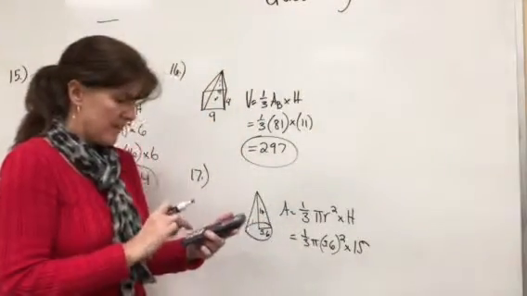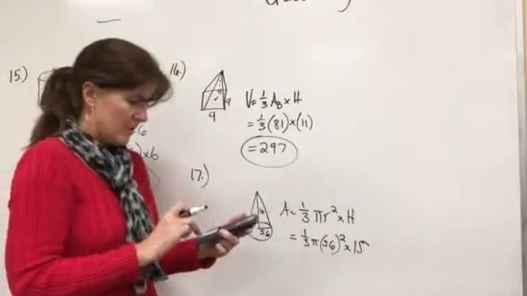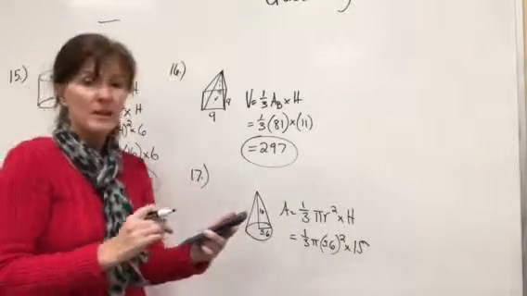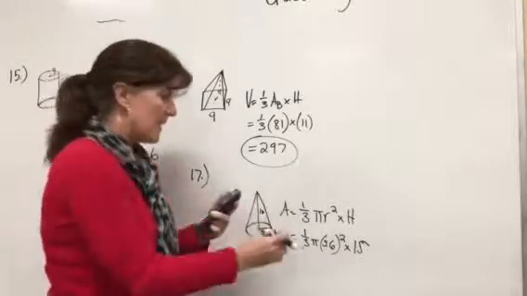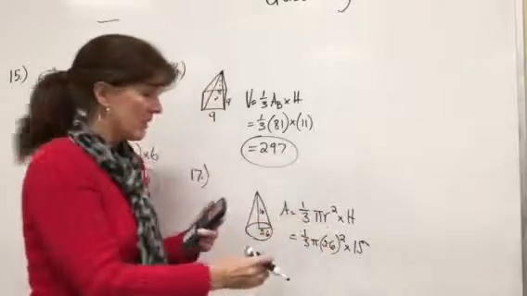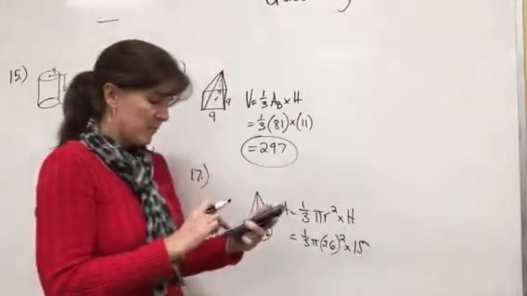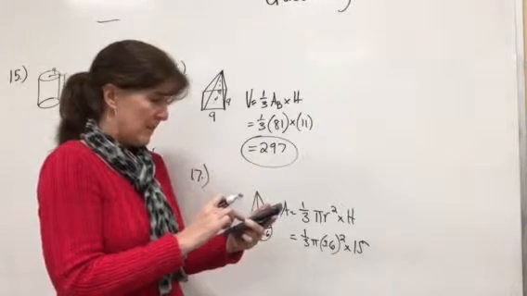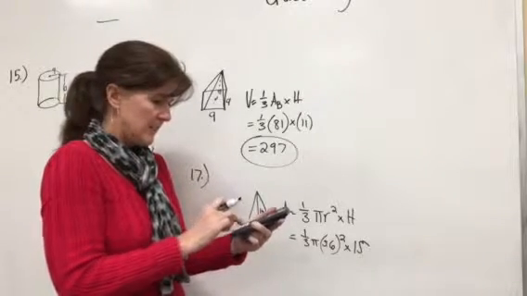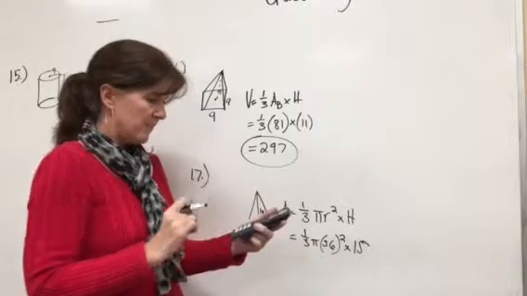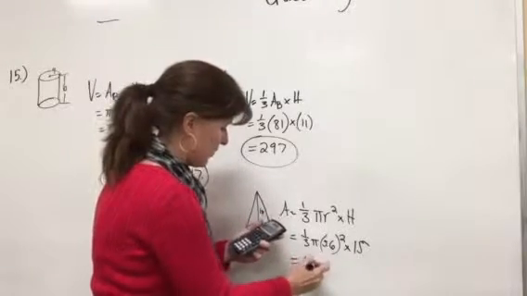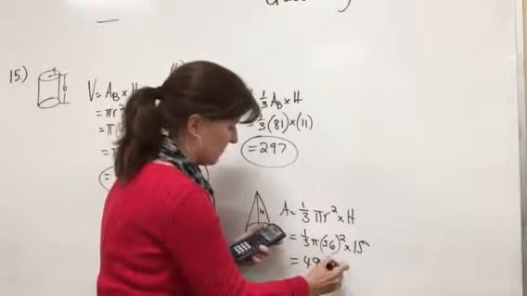So 5.6 squared equals 31.36. Once you have this number squared, it doesn't matter what order you go in. So I'm going to multiply it by 3.14, then divide by 3 and multiply by 15, and I come up with 492.4.